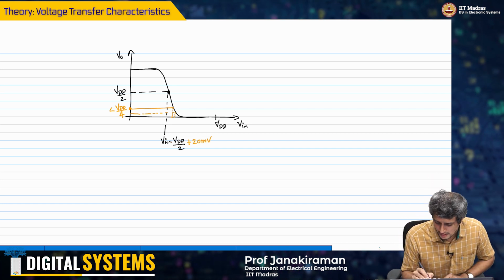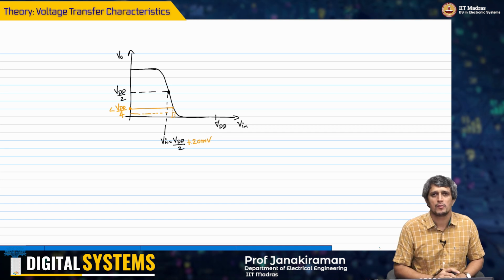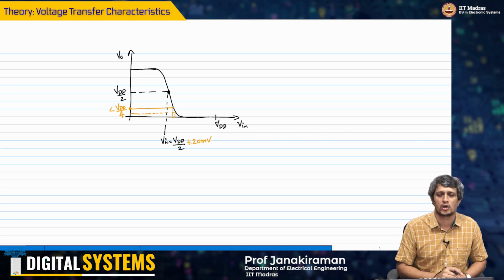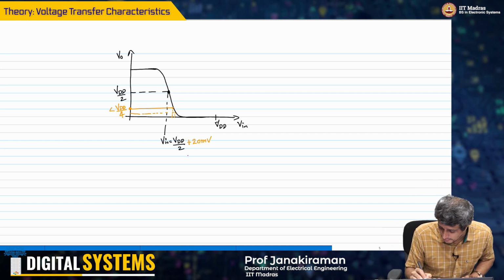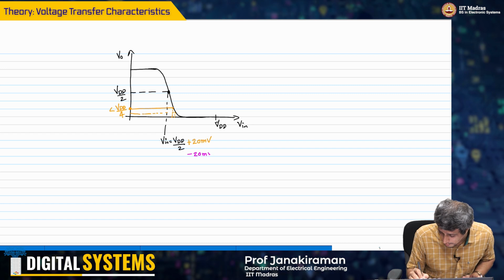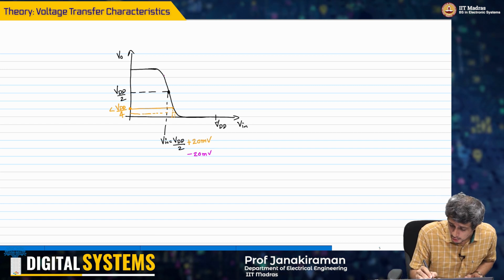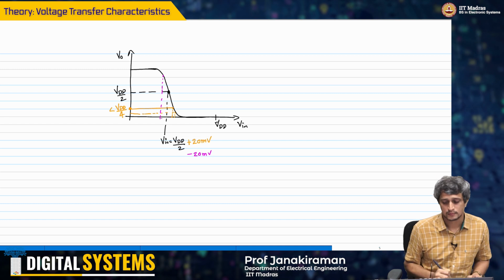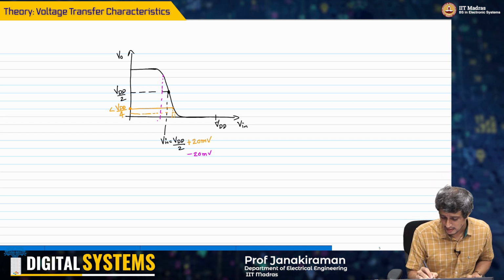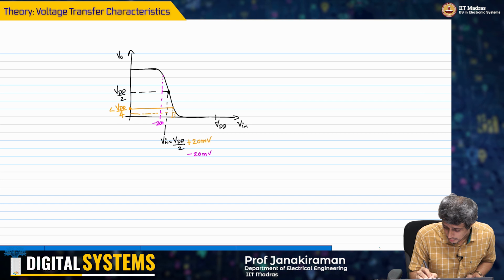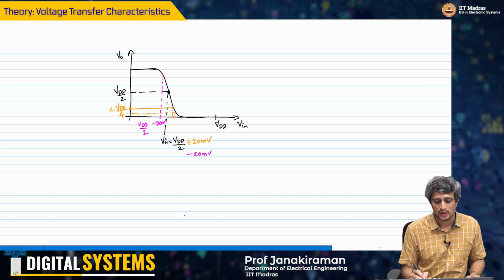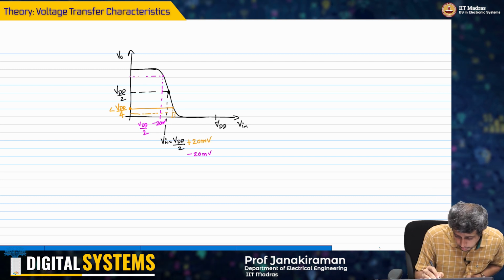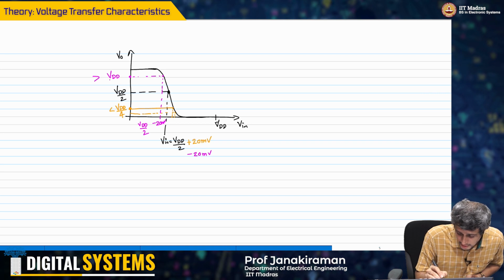Now instead of plus 20 millivolt, if I give minus 20 millivolt noise, now noise is random, it could be plus or minus. Instead of this, if I give minus 20 millivolt, then what will happen? Your input will appear here. This is VDD by 2 minus 20 millivolt. Then the output is actually here, greater than 3 VDD by 4.